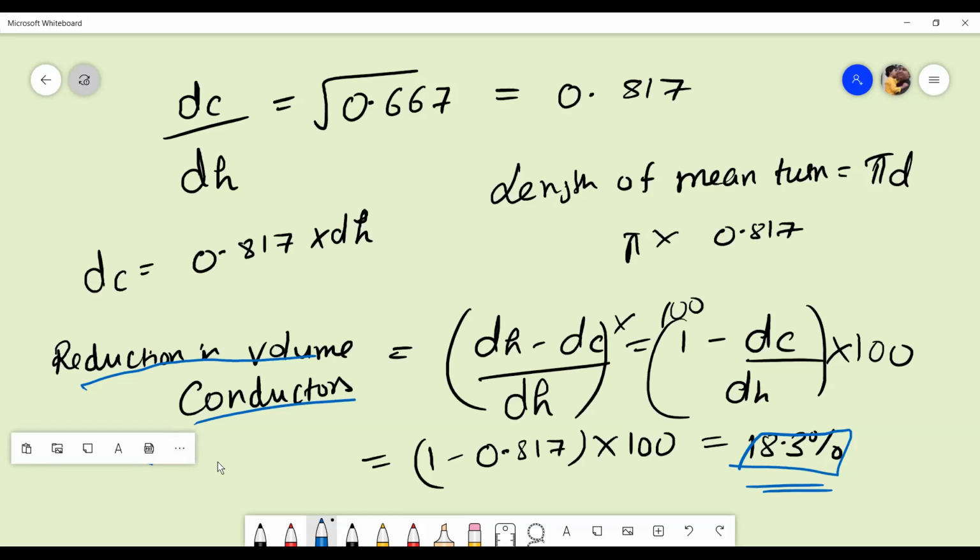This will be the savings in copper. 18.3% copper you will be able to save by using the CRGO.